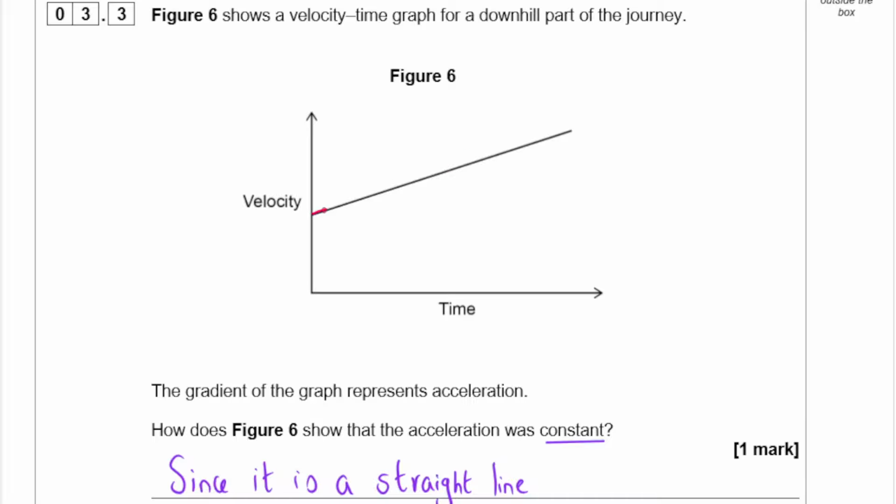So it might actually look like that, right? This is still accelerating, but not constant acceleration. This is constant acceleration because it's a straight line. If it was a straight line like this, that would be just constant velocity.